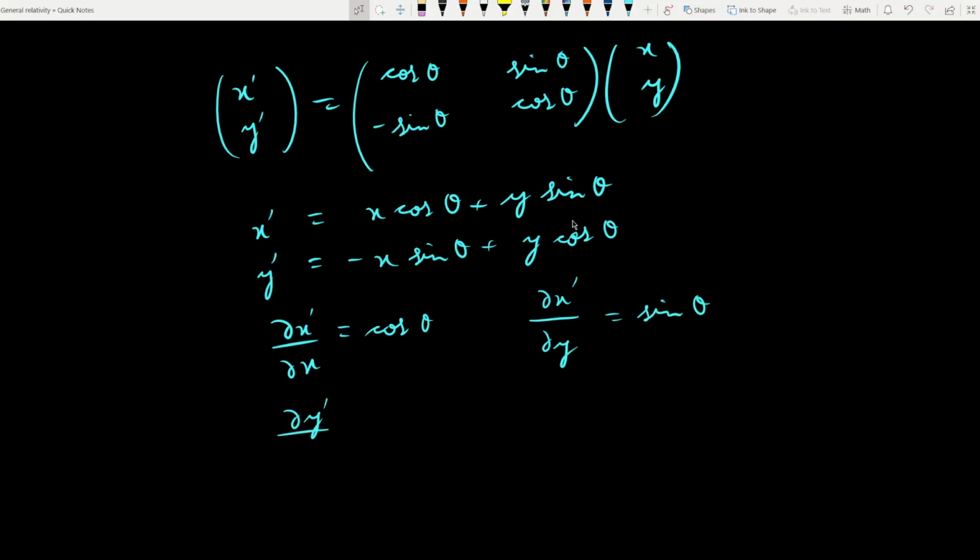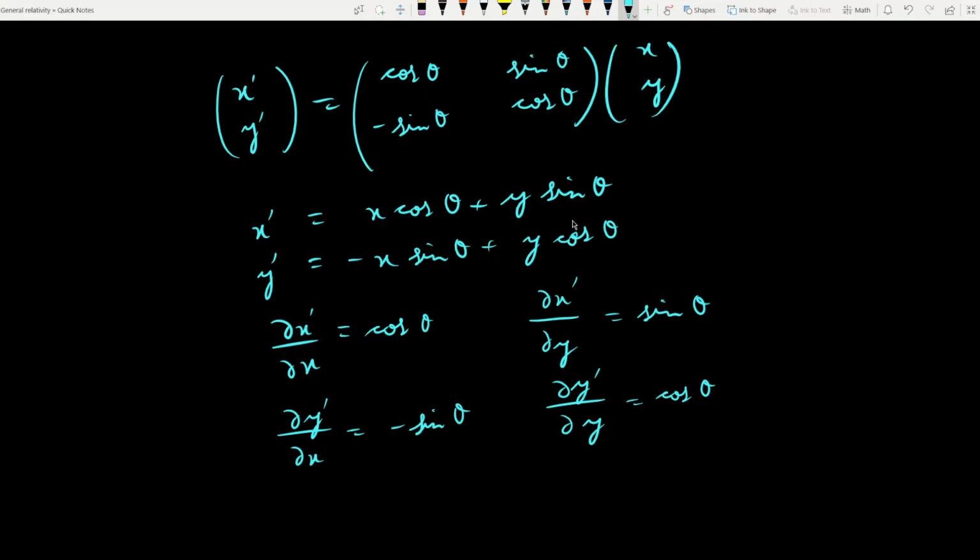Del y primed over del x, this would be minus sine theta, and del y primed over del y, this would be cosine theta, right?